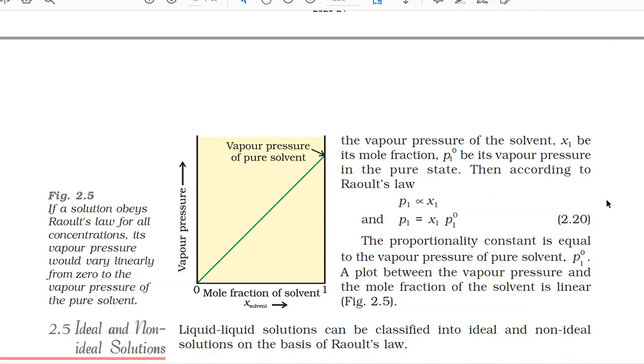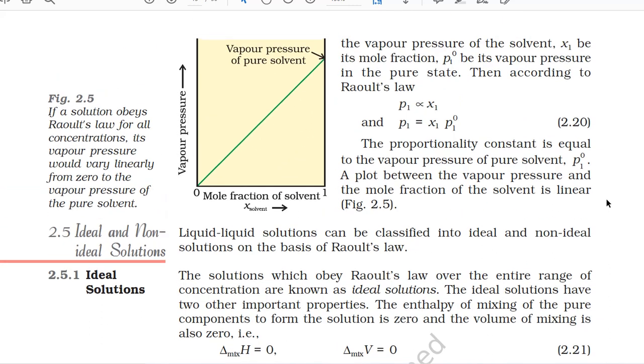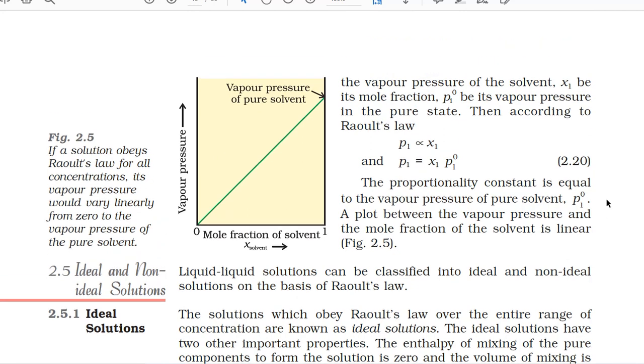Let P1 be the vapor pressure of the solvent, X1 be its mole fraction, and P01 be its vapor pressure in the pure state. Then according to Raoult's law, P1 is directly proportional to X1, and P1 = X1 × P01. The proportionality constant is equal to the vapor pressure of the pure solvent, P01. A plot between the vapor pressure and the mole fraction of the solvent is linear, as in figure 2.5.